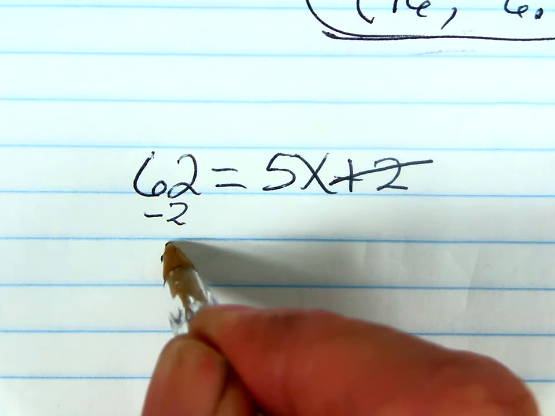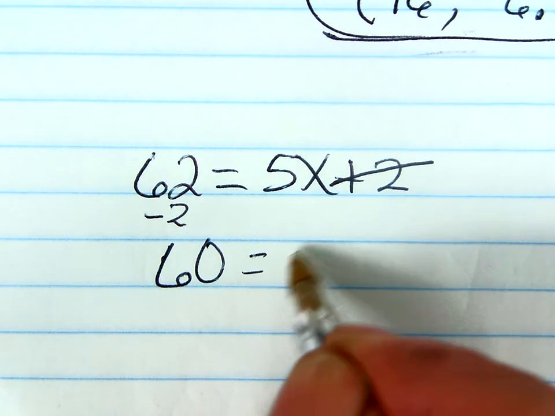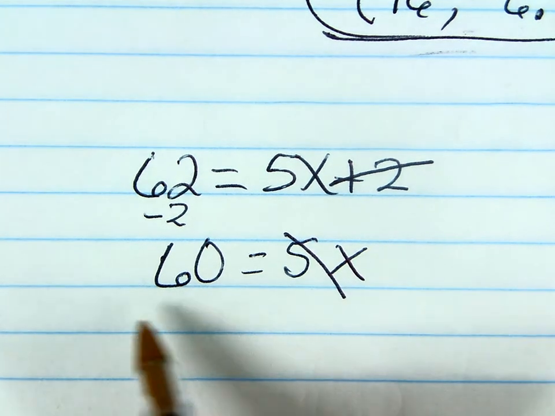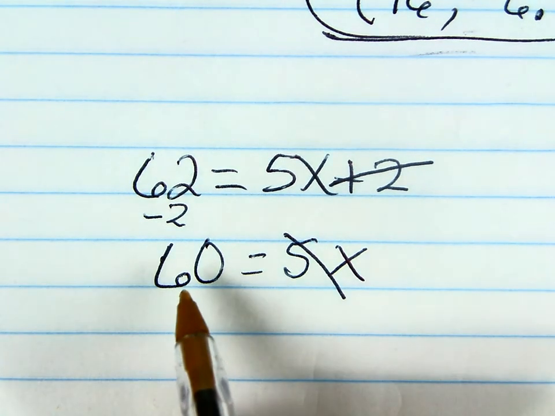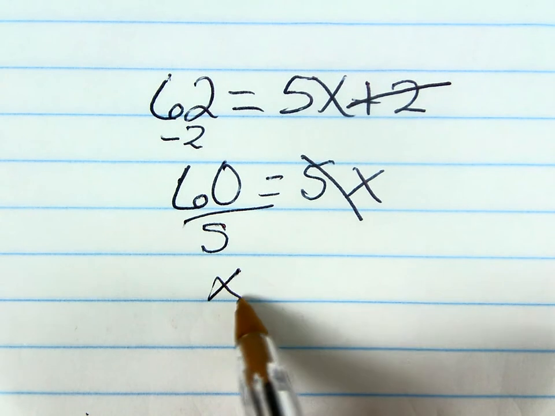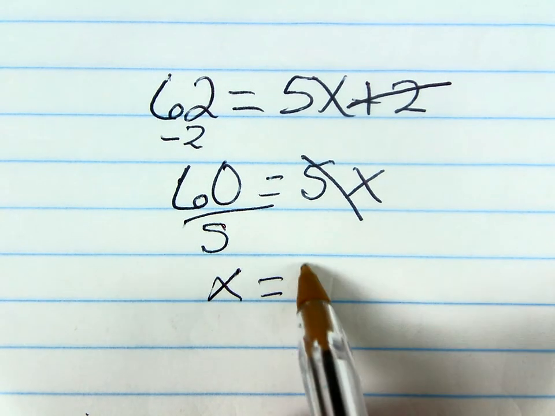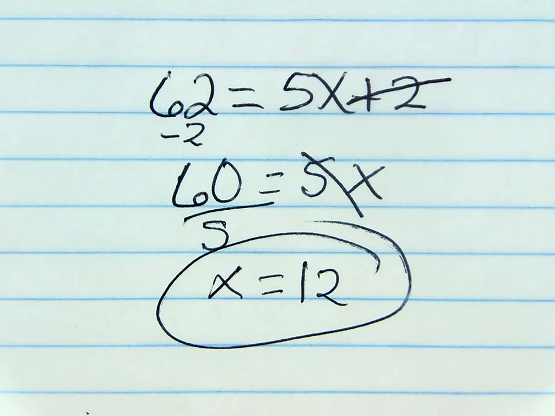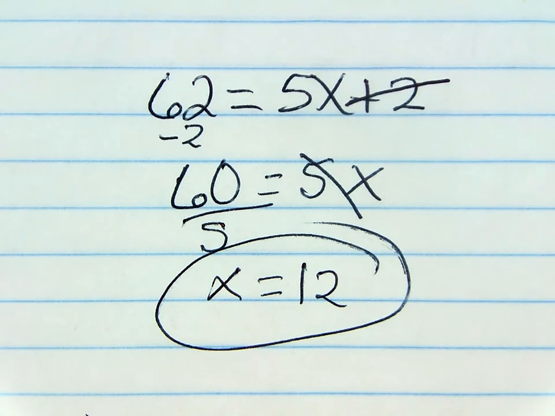So I did it right. So 60 equals 5x. And now, what am I going to write over here? Divided by 5. So x equals 12. I did it wrong, but I got it right. That's why we're doing this.